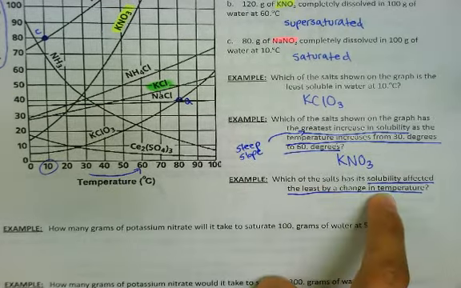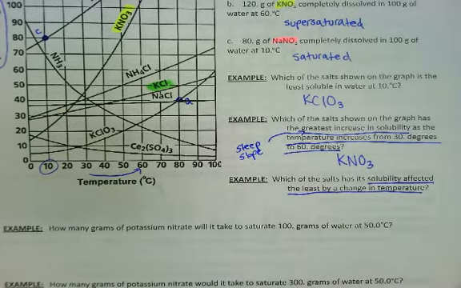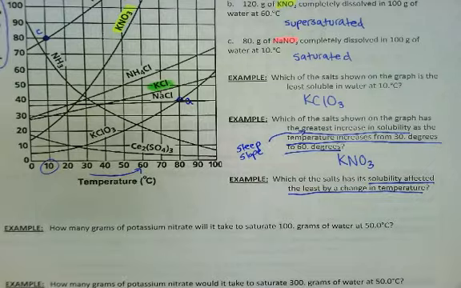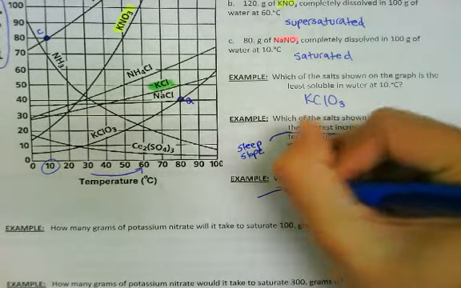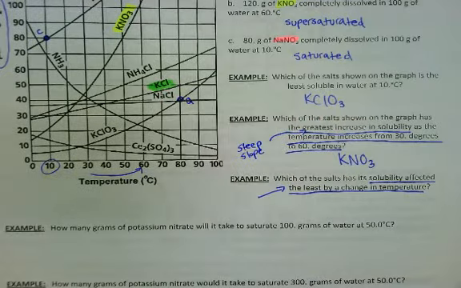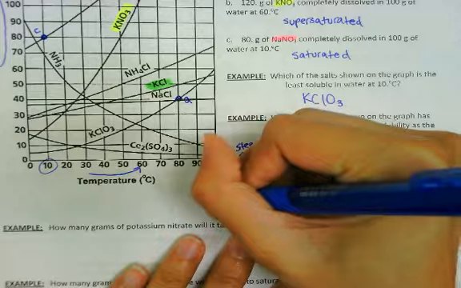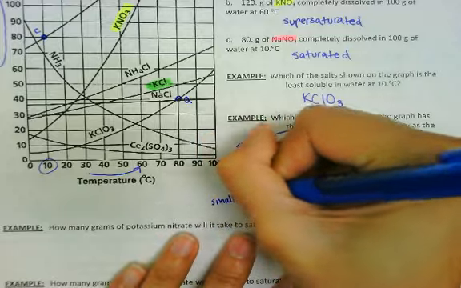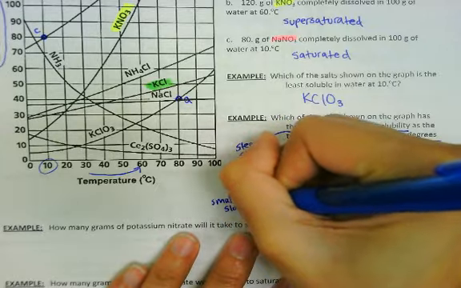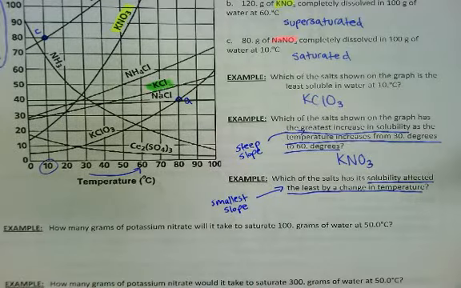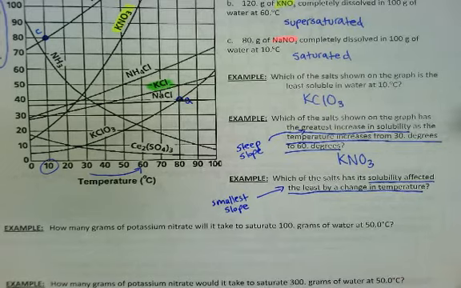What about this next question? The solubility affected the least by a change in temperature. So what are we looking for slope-wise here? A fairly straight, or how would you say straight? Like vertically straight or horizontally straight? Horizontally straight, right? So the smallest slope in terms of absolute value, not necessarily the fact that it's negative, okay?